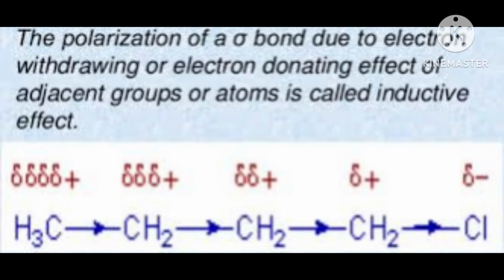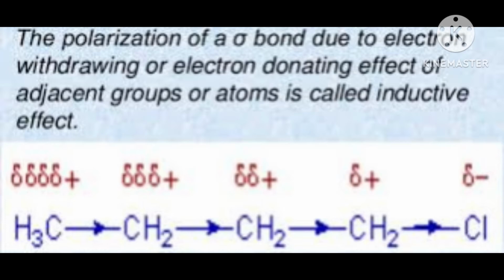Today I am going to discuss nucleophiles and electrophiles. Last class I discussed isomerism, structural isomerism, and stereoisomerism, and after that I discussed fission of a covalent bond, meaning homolytic cleavage and heterolytic cleavage.